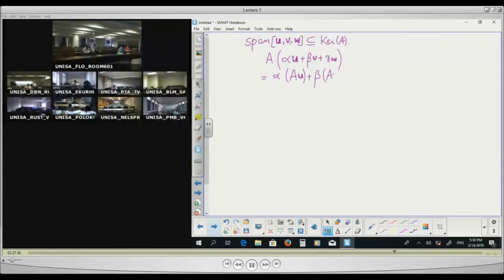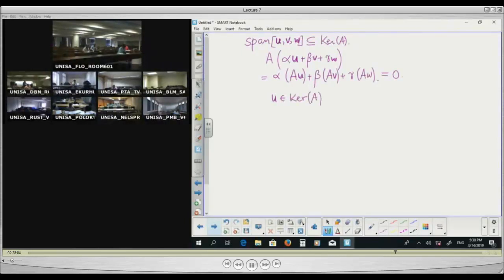So in particular, you're telling me U is in the kernel, because you take beta and gamma to be 0 and alpha to be 1. That's 0. By the same logic, V is in the kernel and W also is in the kernel.